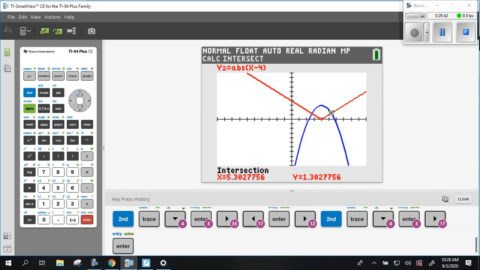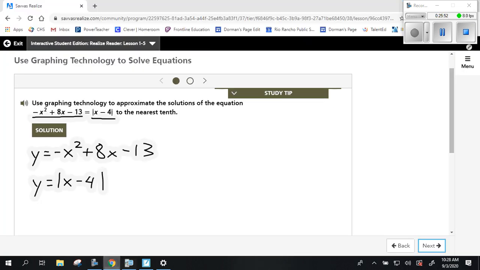All right, so now that we have those values, let's go back and look at the answer to this problem. What are the solutions? The solutions that we're interested in are our x values. You want to know what x values make these two things the same. It turns out that there are two possible x values that do that.